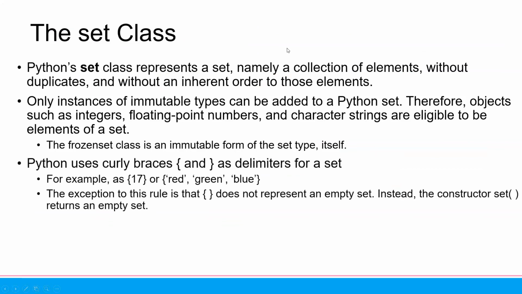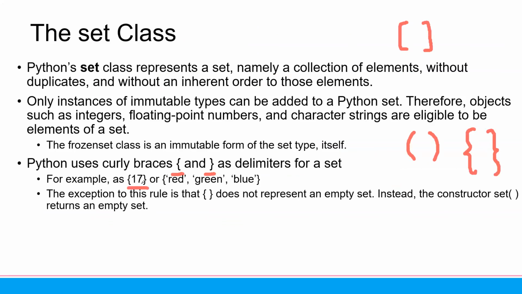Now, when you learn about lists, you know that we will use the square bracket. When we use tuple, we know we use the parenthesis. But when we use set, we will use curly bracket. Okay. This is the curly bracket. And we can specify like we use list.